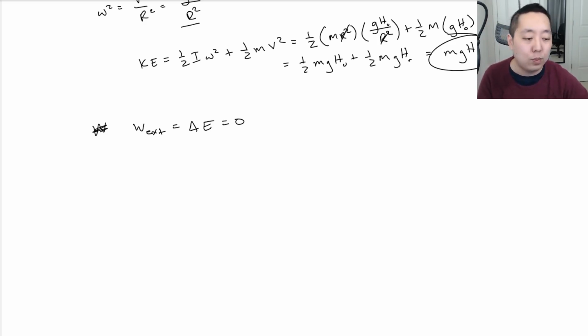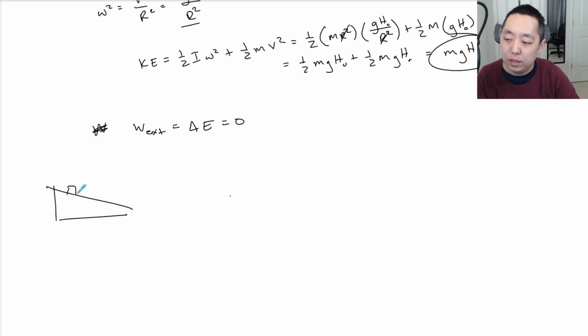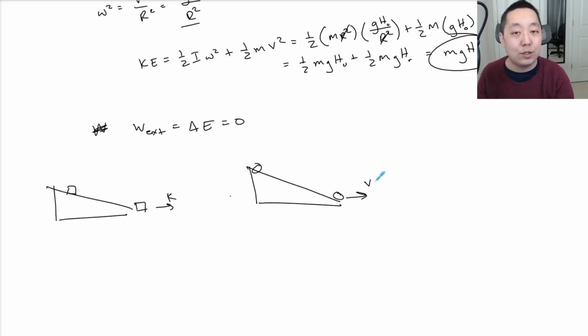Now, in this particular problem, when they ask about the block sliding down the ramp, and it has the same kinetic energy at the bottom, that is a coincidence. Hopefully I've just demonstrated that you cannot prove that these two definitely have the same velocity, because it would depend on the rotational inertia of this block.